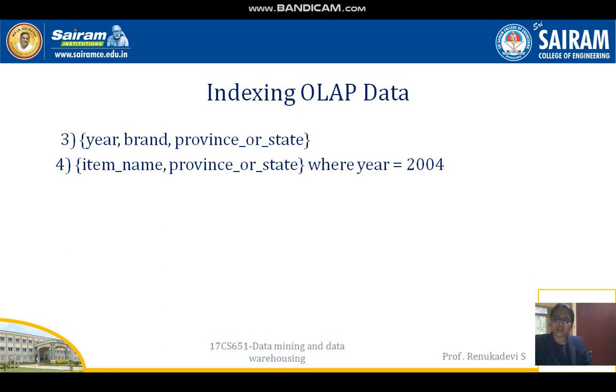The multidimensional model of the data warehouse, with the star schema, snowflake schema and fact constellations, plays a major role. The data cube consists of dimensions and measures, where OLAP operations such as drilling, rolling, slicing, dicing and pivoting take place. Efficient computation of the data cube involves partial versus full versus no materialization, and OLAP query processing with the bitmap and join index plays a role in effective performance.